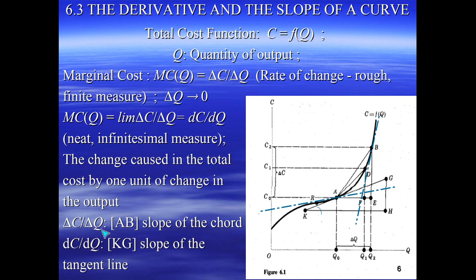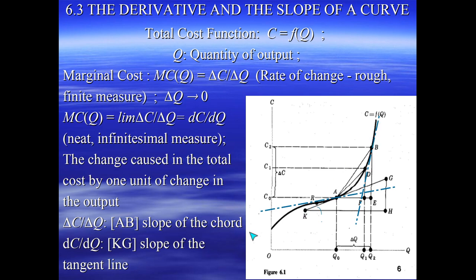So what is delta C over delta Q and dC over dQ? If we just consider this diagram, this is the drawing of the function C equals f of Q, this thick line. This is the primitive function.